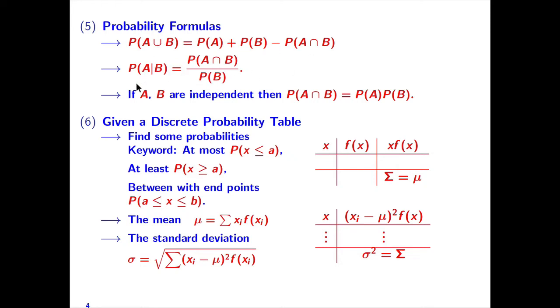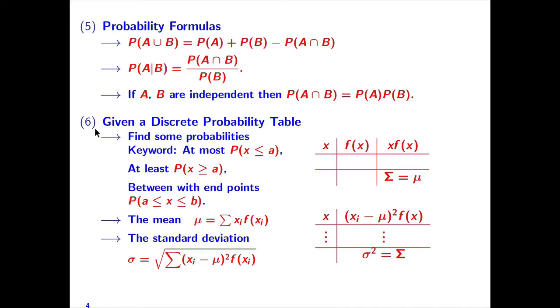Now, for the conditional probability, the keyword will be given, and we will use this equation, probability of A given B equals probability of A intersect B over probability of B to solve the problem. Now, if A, B are independent, then the probability of A intersect B is equal to probability of A times probability of B.